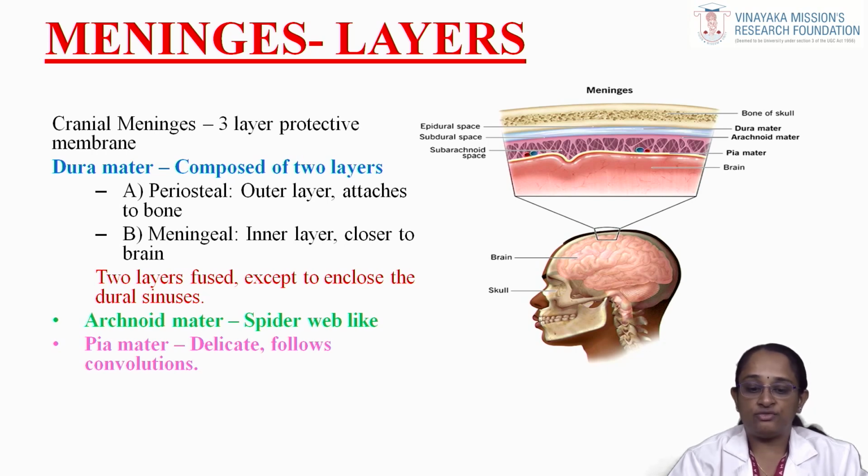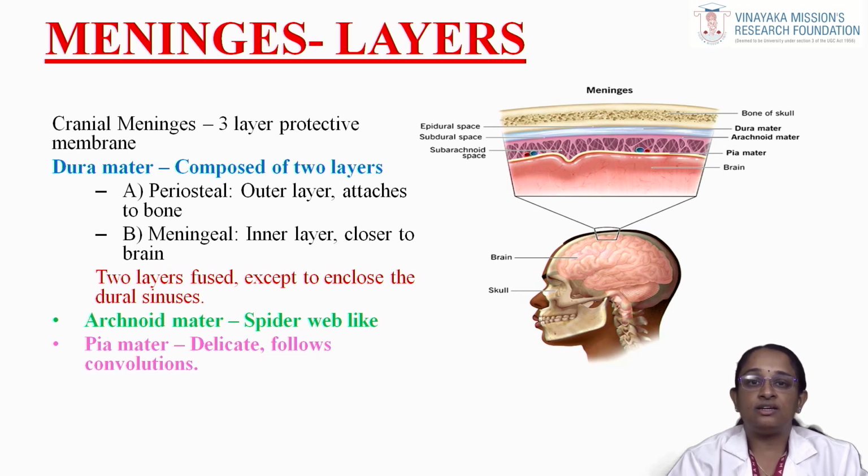The two layers are almost always fused. Fused means they are attached and have no space in between. But where the veins of the cranial cavity come, we say it is a dural venous sinus.